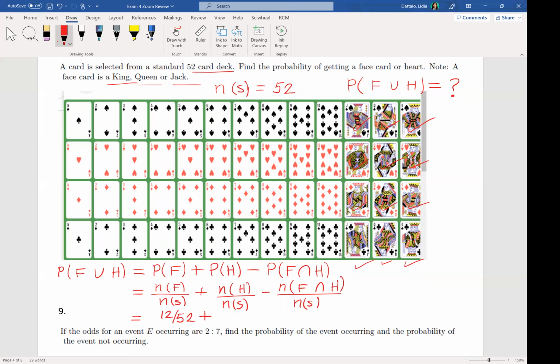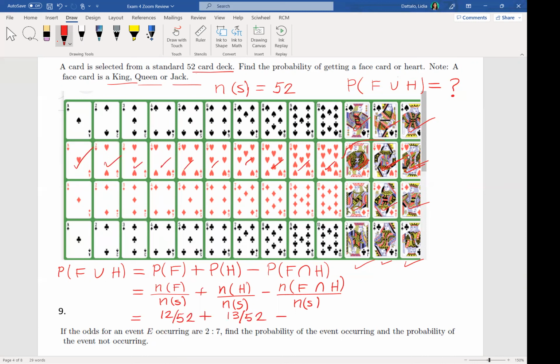The number of ways I could get a heart, let's look at the hearts. 1, 2, 3, 4, 5, 6, 7, 8, 9, 10, 11, 12, 13. 13 cards that have hearts. And the space is still 52. Minus, this is where we do the intersection between a face and a heart. So which cards are face cards and are hearts?